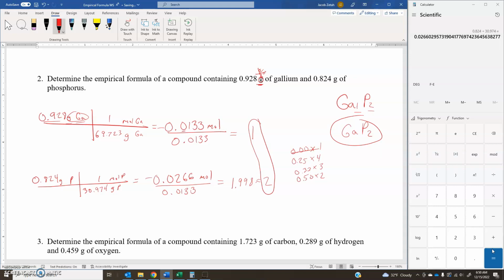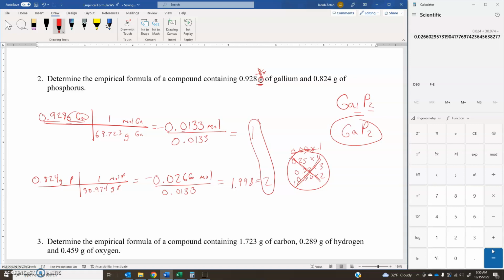When you have a whole number ratio, you're done. Don't multiply them unnecessarily just because you think you have to do this step. This step is optional, or case dependent, I should say, depending on where you end up. Most of them, I think all of them but one, you actually don't have to multiply. I think the very last problem on this worksheet is the only one where you end up rounding to one of these decimals and you have to multiply accordingly from there.